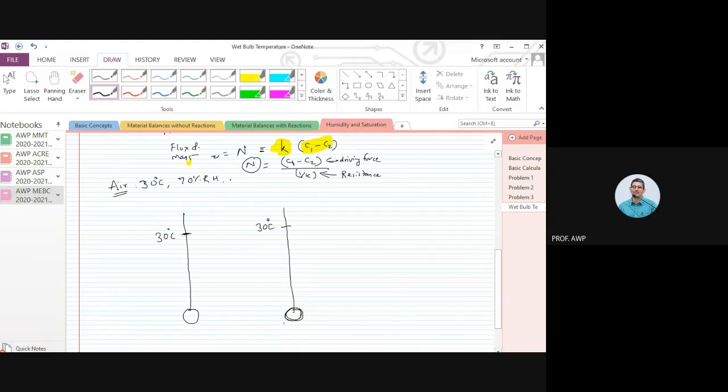I am going to put a wet cloth around this bulb, around the bulb of the thermometer. And I'm going to keep it wet all the time. I'm going to ensure that there is liquid water in the cloth all the time.